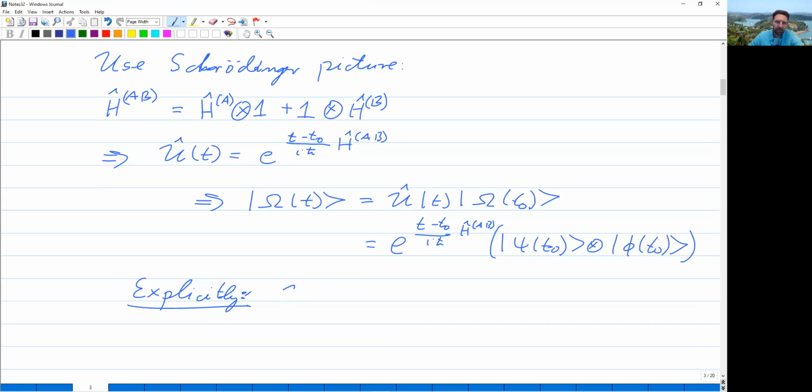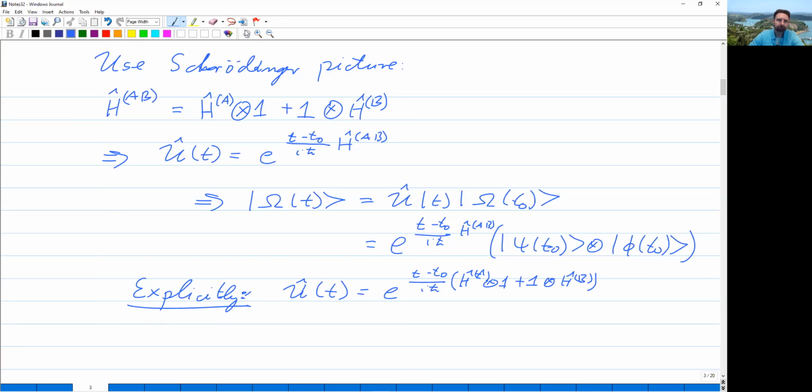We have that U hat of t is equal to e to the power of (t minus t naught) over i h bar. And then let's spell out what the H hat of AB is. It is H hat A tensor 1 plus 1 tensor H hat B.